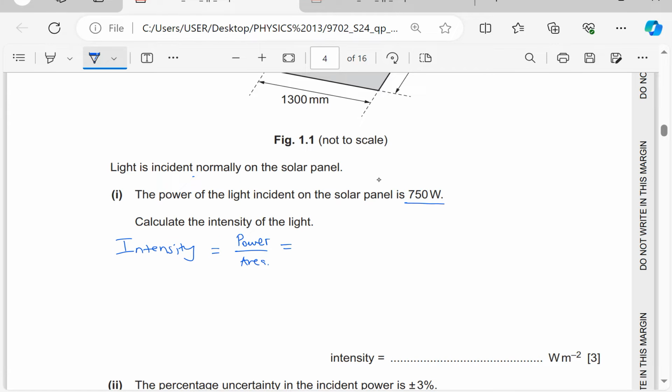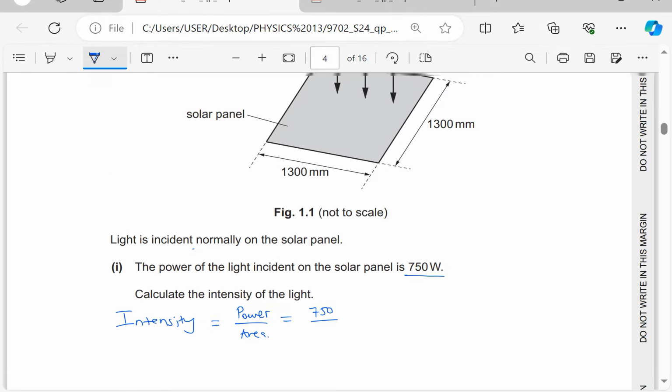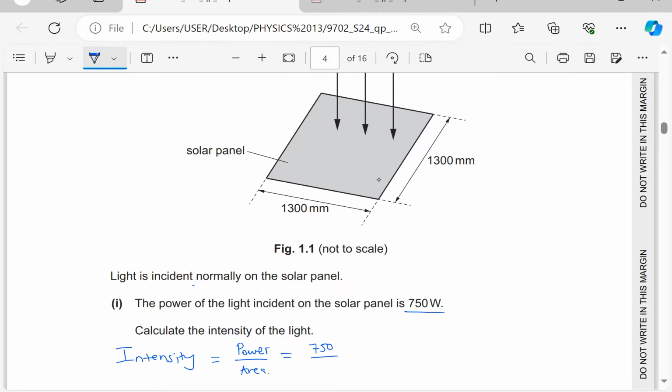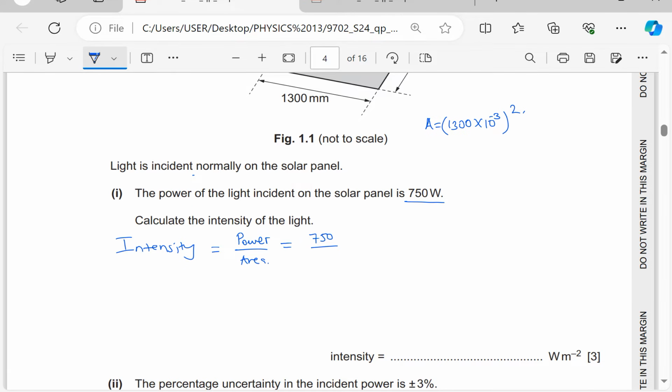So I'll just substitute. The power is given as 750 watts divided by the area. The area is going to be 1,300 times 10 to the power of -3 to change it to meters, and this should be squared because it's length times side times side.